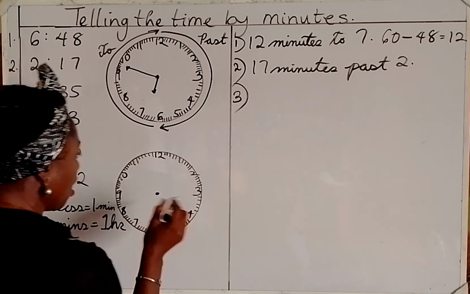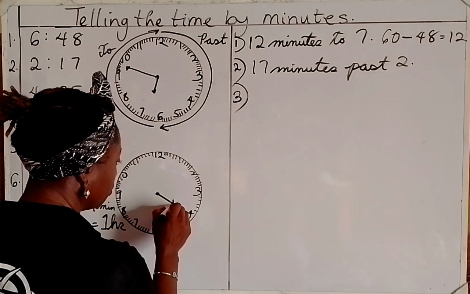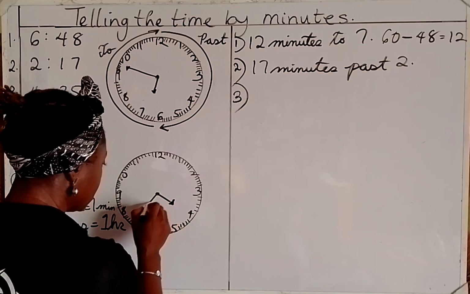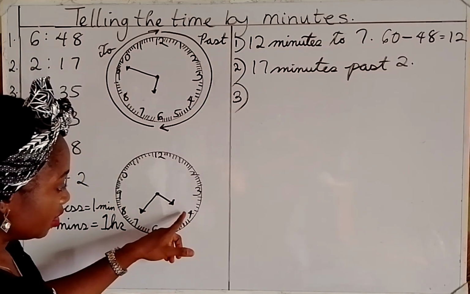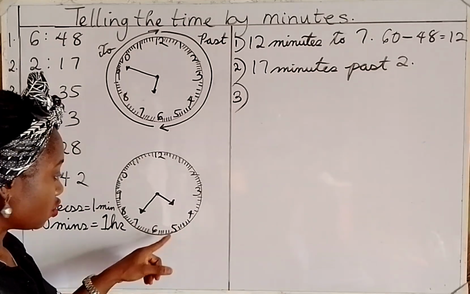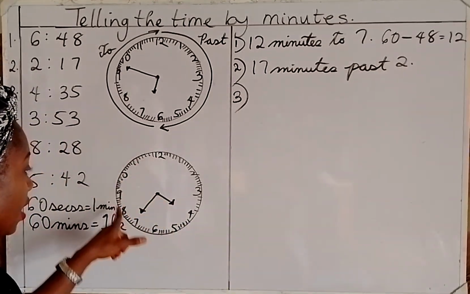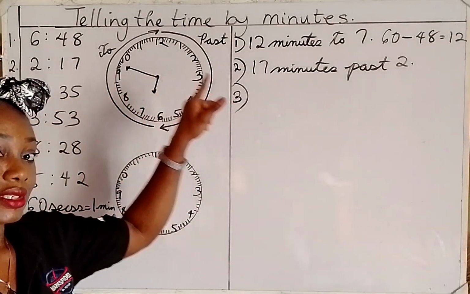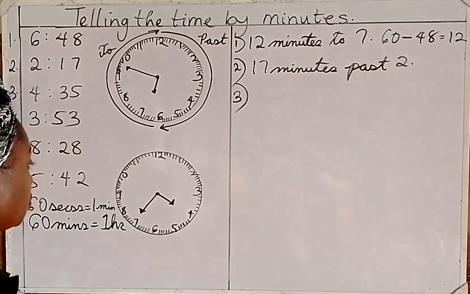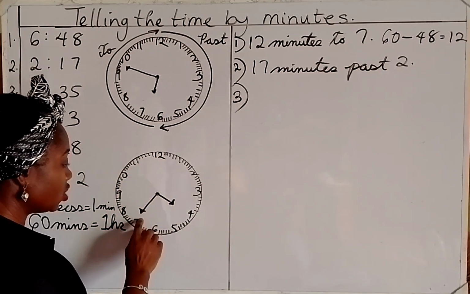Now question 3, we have 4:35. Here the short hand, which is the hour hand, will be on 4, then 35 is here. So this is 4:35. You can see it's a little bit away from 4, so it's gradually moving to 5. So either we calculate from here on the analog, or we take 35 minutes away from 60 to know what the answer will be. So let's count. From 12 to 11 is 5, 10, 15, 20, 25.